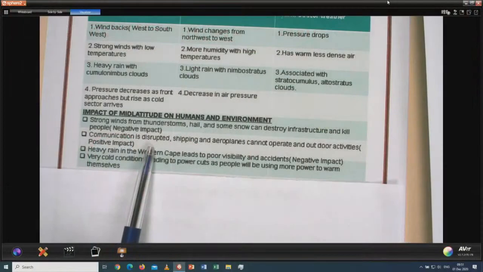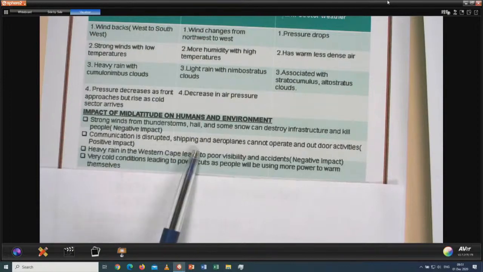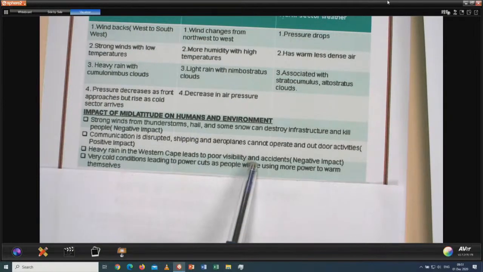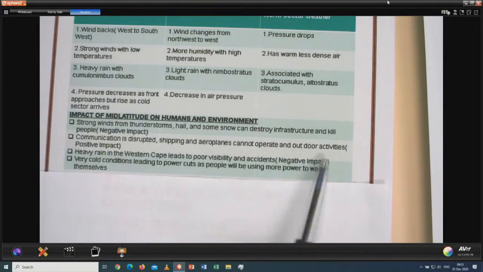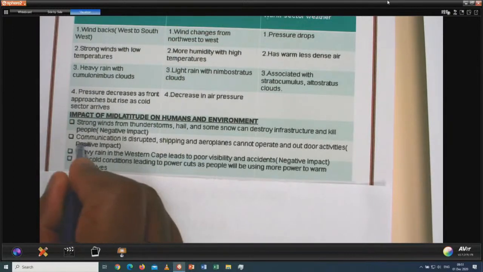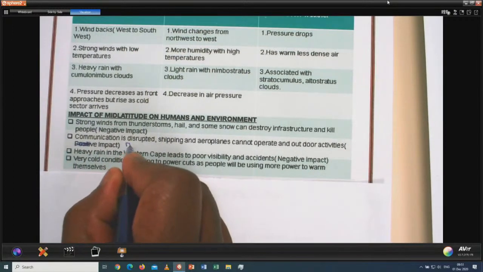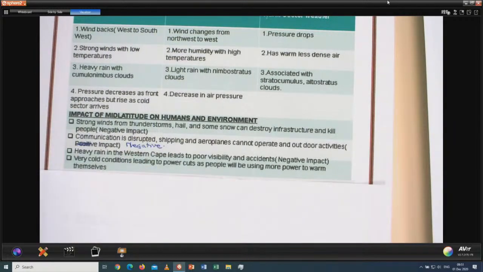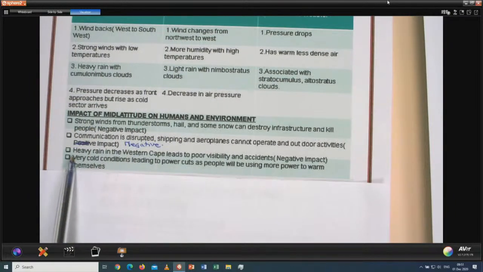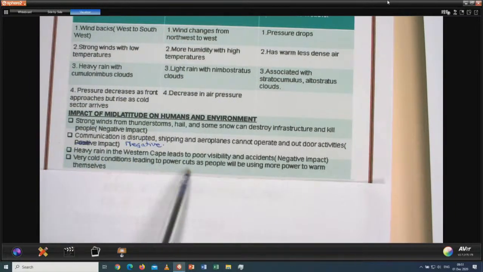Communication is disrupted. Shipping and aeroplanes cannot operate, and outdoor activities cannot take place as well. According to this, they said this is a positive impact. No, it is negative. Right, bullet number 3. Heavy rain in the Western Cape leads to poor visibility and accidents.